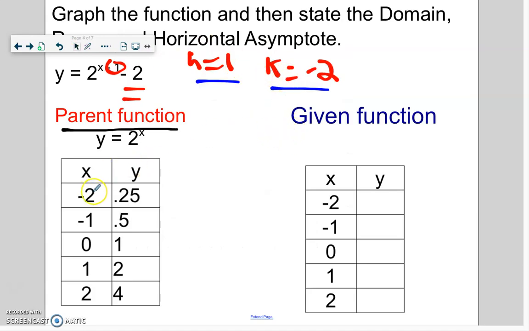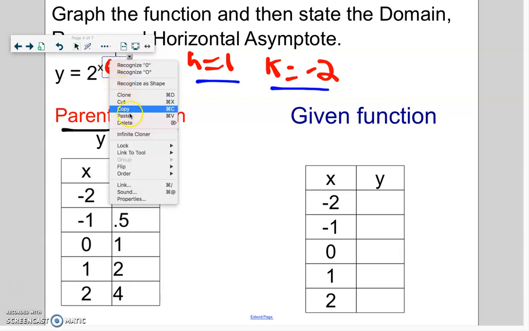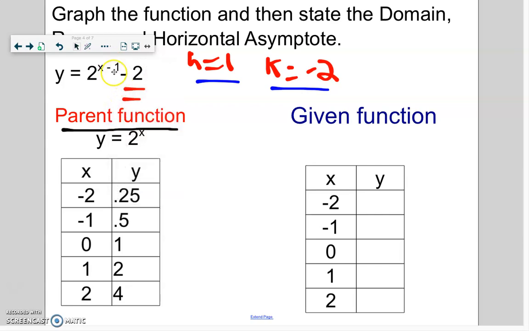So I'm going to take this ordered pair -2, I'm going to add 1 to it, so it's going to turn into -1, and I'm going to take 1/4 and I'm going to subtract 2 from it, so it becomes -1 3/4. So otherwise I'm going to start here by plugging 0 in. 0, 1, I'm going to move this to become 1, 1/2. So in the given function, if I plug 0 in, 0 minus -1 is 1, and 2 to the 1 is 2... correction: 0 minus -1 is -1. 2 to the -1 is a half.